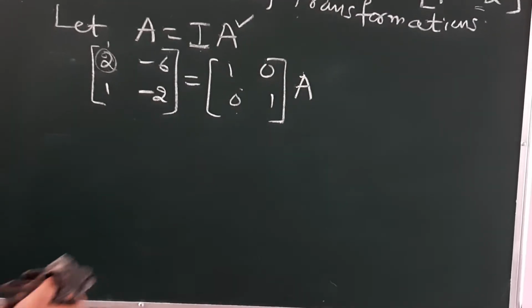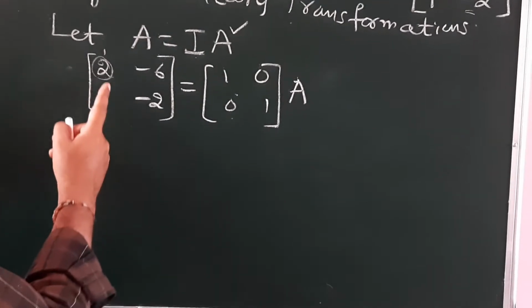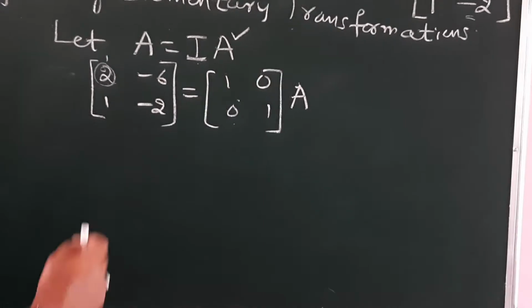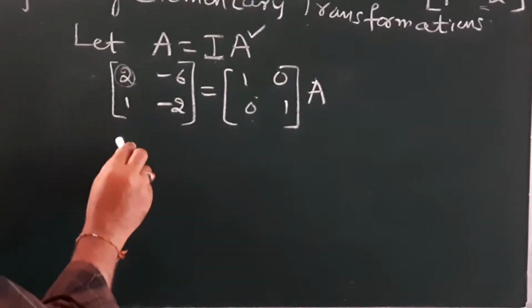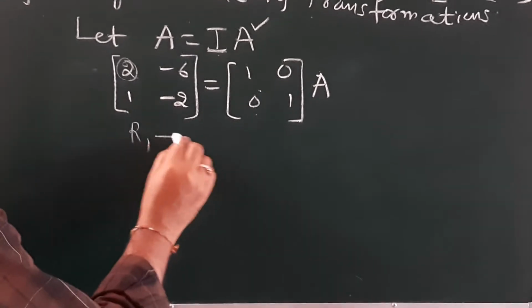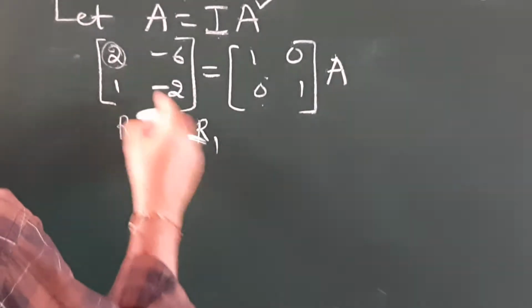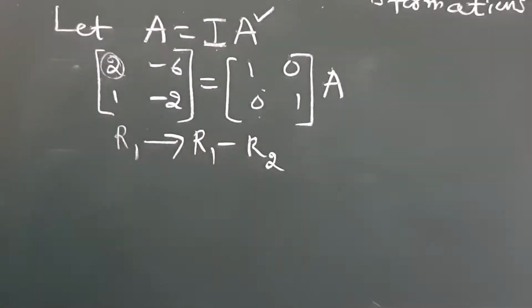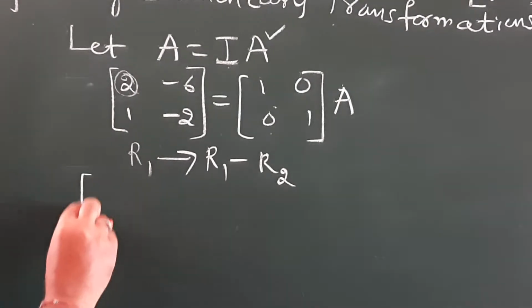Let us see on which row we are going to operate, first row or second row. Here we have to convert this to 1, so we operate on the first row: R1 changes to R1 minus R2. So I will subtract the elements, R1 minus R2.